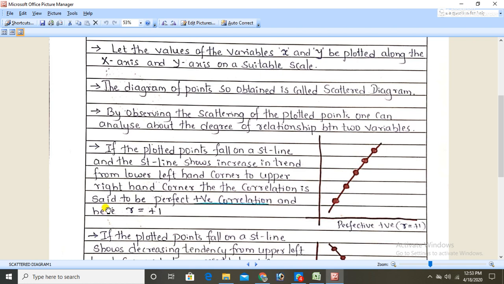This type of correlation is a perfect positive correlation. Here r is equal to +1.